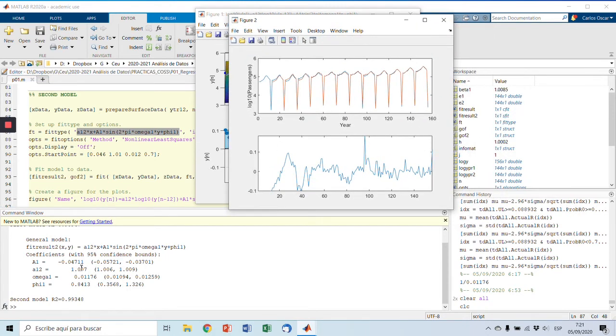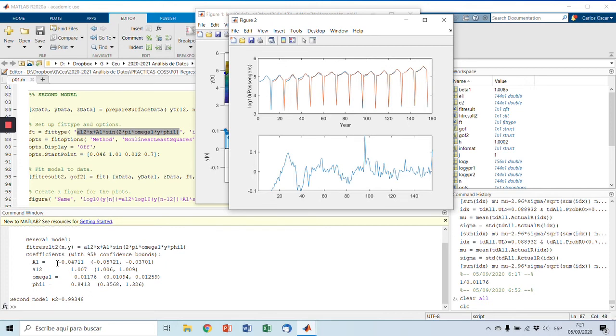So the parameters is we already know this 0.7, 0.8 in percent of increase in logarithmic units, and then we have the amplitude. The amplitude is 0.04, so that means 5% of amplitude in logarithmic units.